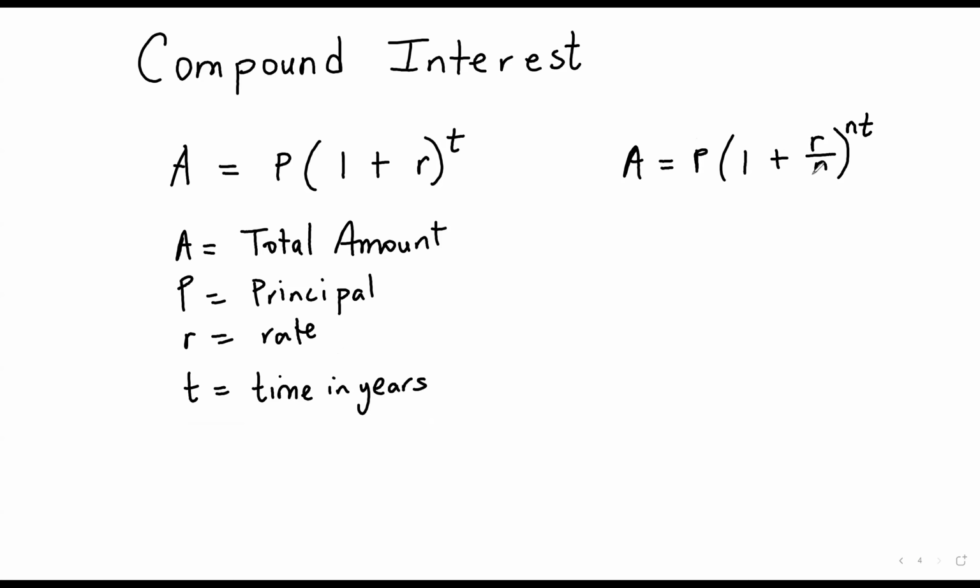But if N is 1, so if interest is compounded once a year, then N will be 1, and this will just be R over 1, which is R, right? So that's why for the purpose of your level and the kind of questions you're going to get, this is the formula that you would see. And thankfully, that formula is given to you, as you will see when we do some questions.